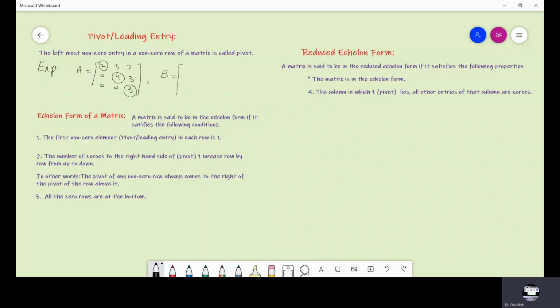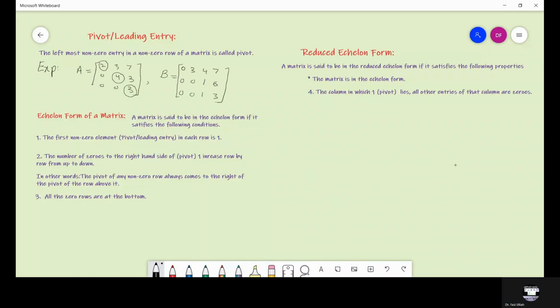Let us see another example. In this example B, let us write 0, 3, 4, 7, 0, 0, 1, 6, 0, 0, 1, 3.